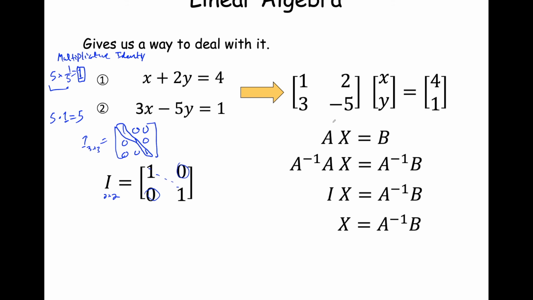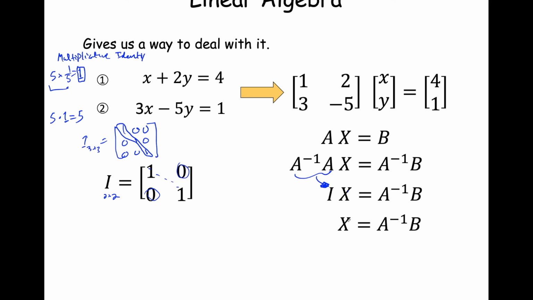All right, so now going back to this equation, A inverse times A is equal to identity, because something times its inverse is identity. So we get identity times X is equal to A inverse times B. And so that means identity times X is just X because of multiplicative identity.